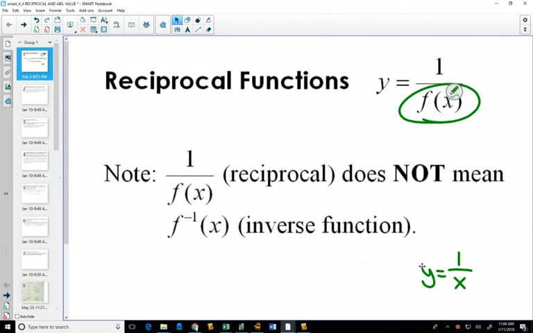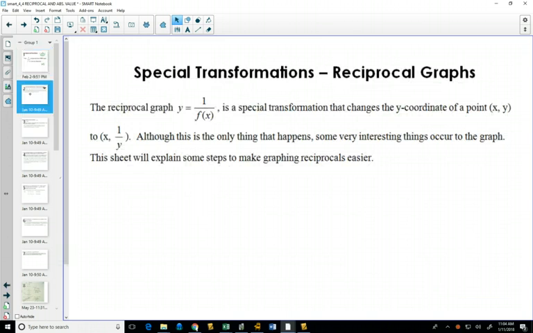So the first set of notes that I handed out for you talks about some of those special patterns that happen. A relatively simple way to explain it is that all the 1 over f of x graph does is change your y values from the function on the bottom to 1 over y.